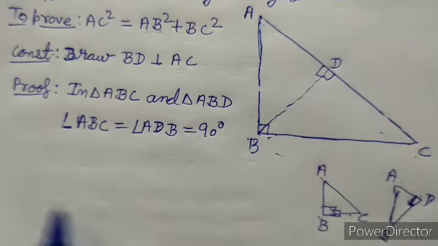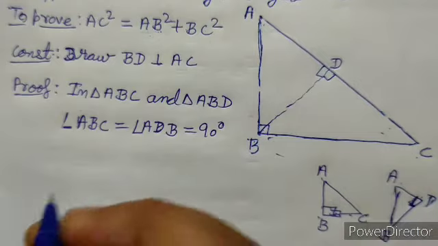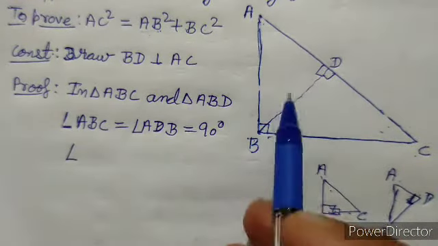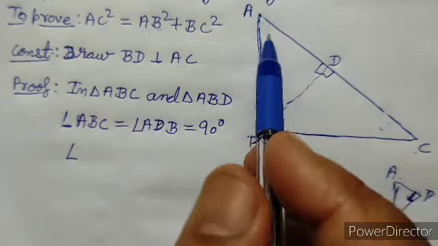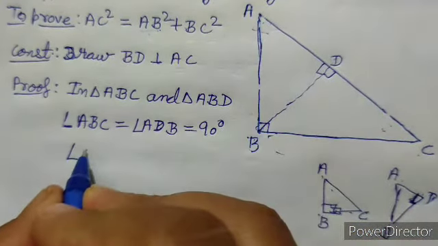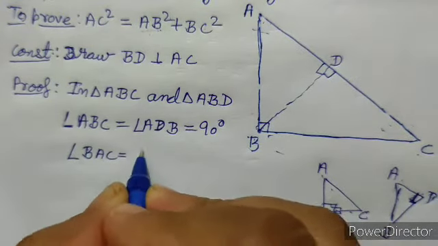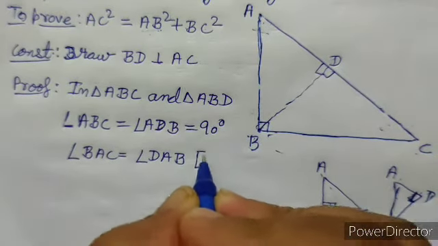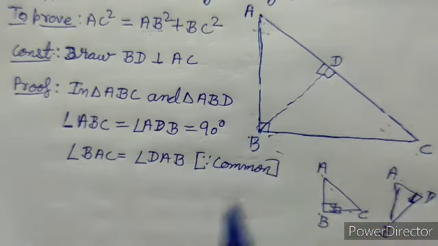Both angles are of 90 degrees as BD is perpendicular to AC. Now, as we see in these two triangles, in triangle ABD and ABC, angle A is a common angle. So we can say that angle BAC is equal to angle DAB, and this angle is common.